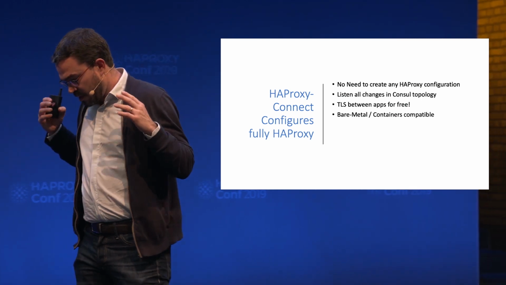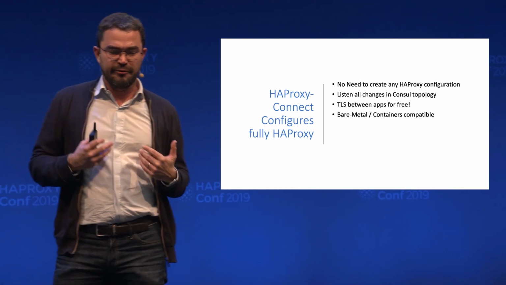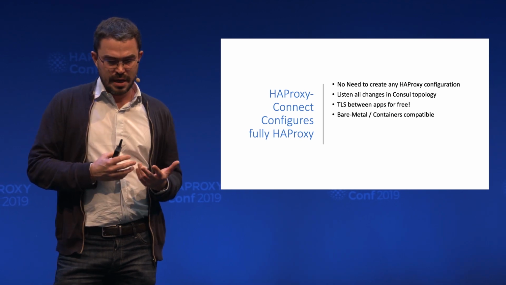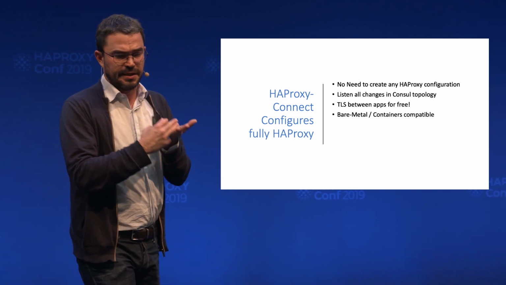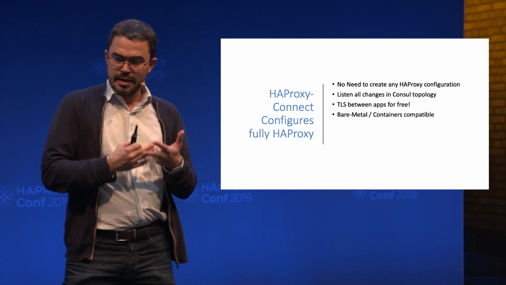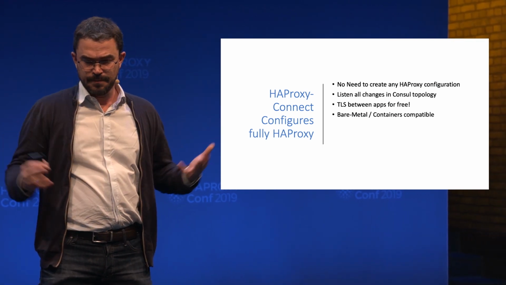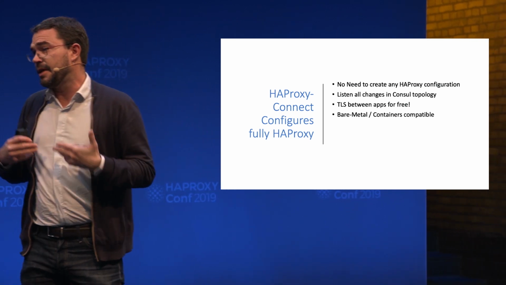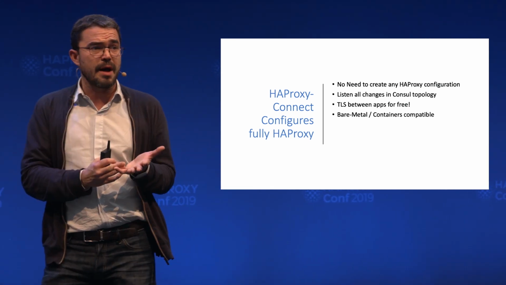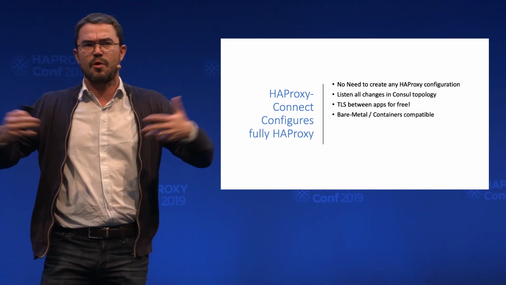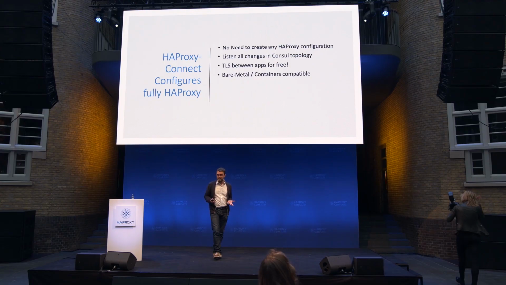So this tool is going to be responsible for creating the HAProxy configuration, listening to all the changes in the Consul topology, adding TLS for free between all your nodes, and it is going to be compatible, of course, with both bare metal as well as any container system, meaning Kubernetes, Mesos, or whatever you want, and cloud, of course.